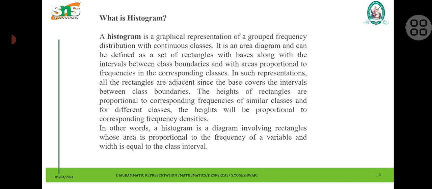In such representations, all the rectangles are adjacent since the bases cover the intervals between class boundaries. The heights of the rectangles are proportional to the corresponding frequencies of similar classes, and for different classes the heights will be proportional to the corresponding frequency densities.